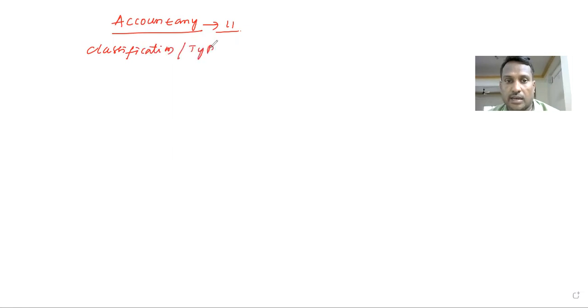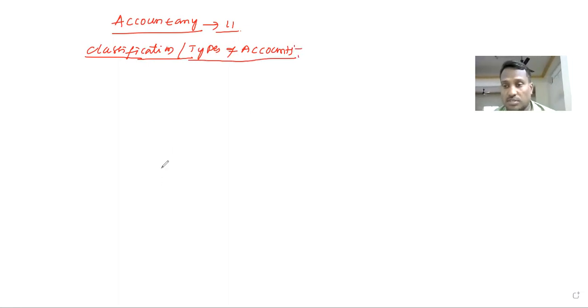So now let's move to the topic in Accountancy of 11th commerce. In 11th, the topic we are going to discuss today is the types or classification of accounts. This is the most important basic to construct the building of commerce and accountancy.